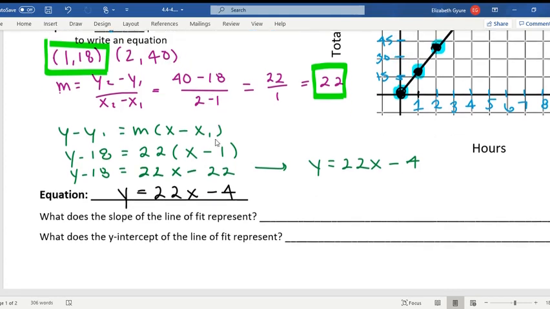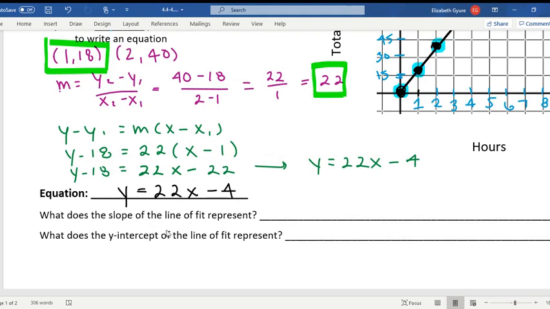So, what does the slope of the line of fit represent? Now, this is a question you'll see occasionally. What this is asking you is if you were this server, if you were this person, what does the slope mean to you? So think about how we wrote our equations before when we would have a service fee and then a per hour price.